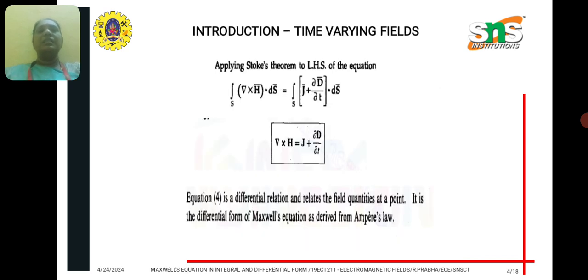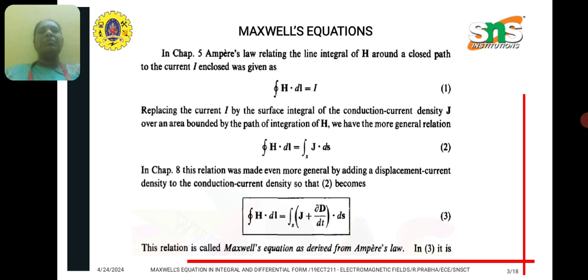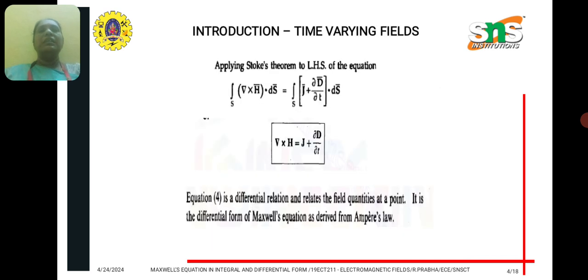According to Stokes theorem, we can write the line integral as a surface integral. So in equation number 1, we can replace the integral of H dot dl by the integral over the surface area of del cross H dot dS. The right hand side of equation 3 is the surface integral of J plus dou D by dou t dS, that is the current density integration.